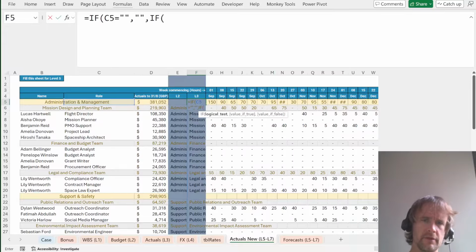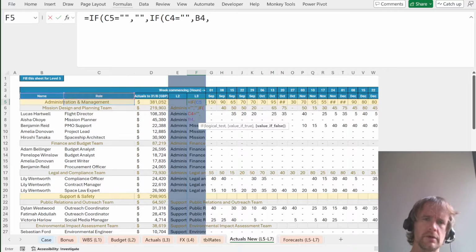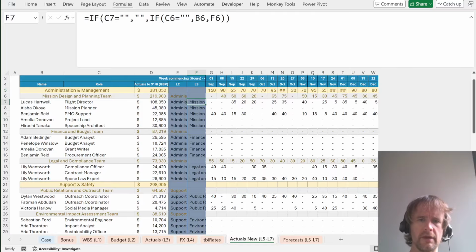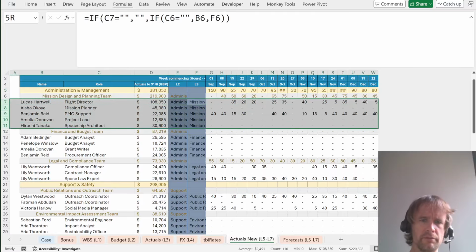Otherwise, if we're not blank, but the row above us is blank, then I want the label from the row above us. Otherwise, I want the label from the row above this. Is that right? I think it might be. Yeah. So now everything below mission and blah, blah, blah is labeled as mission and blah, blah, blah, but that itself is not.